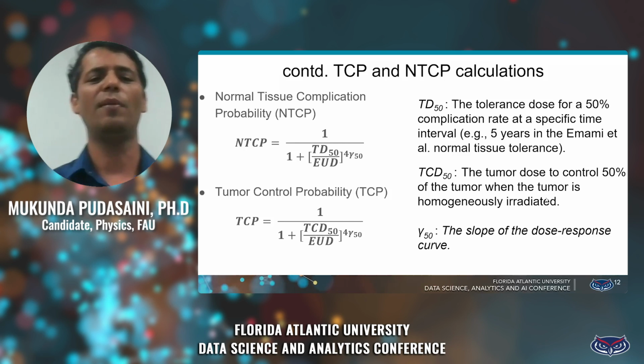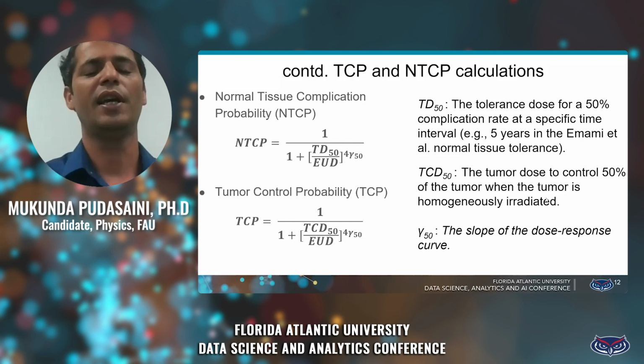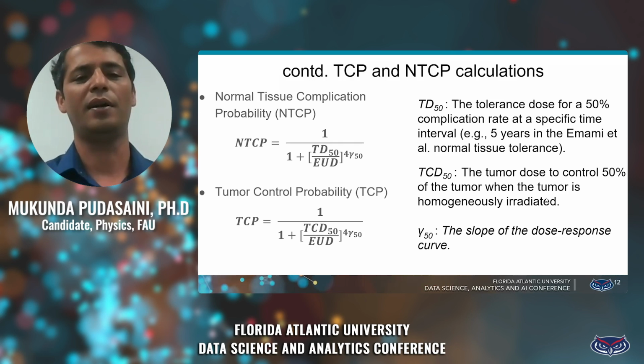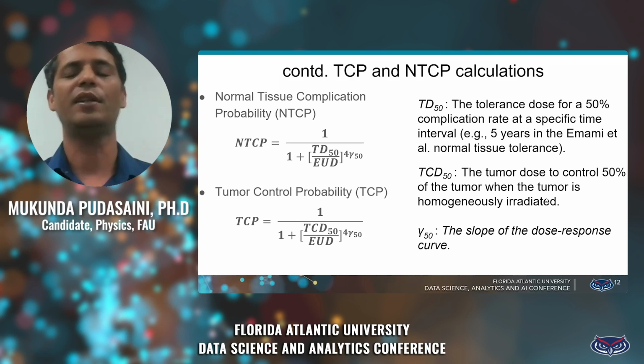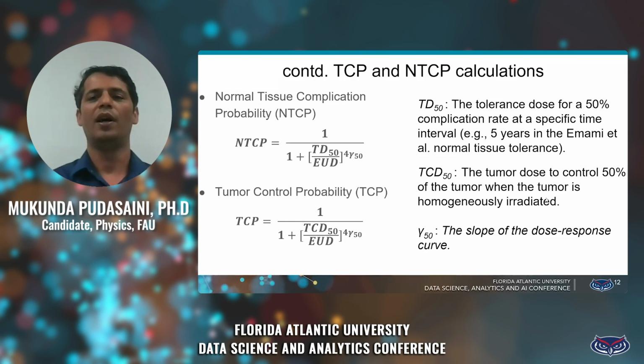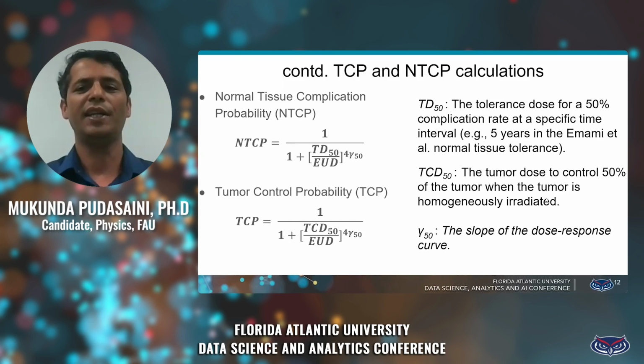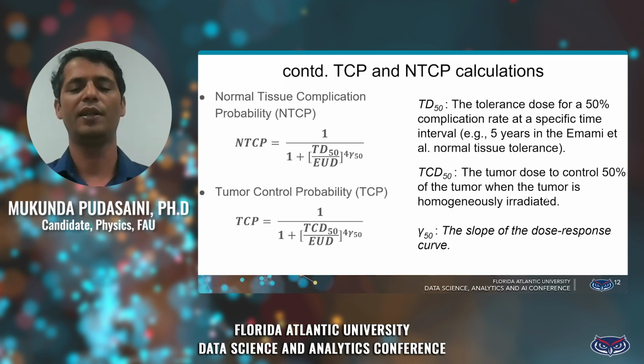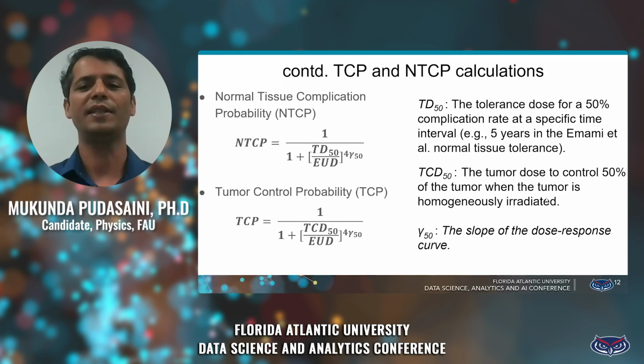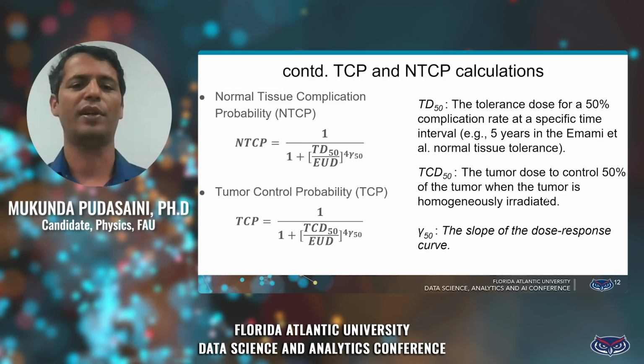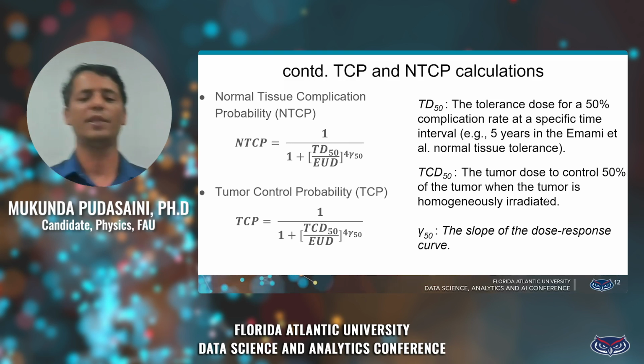Here, the normal tissue complication probability first equation has the quantity equivalent uniform dose, and TD50 is the tolerance dose for the 50% complication rate at a specific time interval. We have used 5 years in the Emami et al. normal tissue tolerance. And gamma 50 is the slope of the dose response curve.